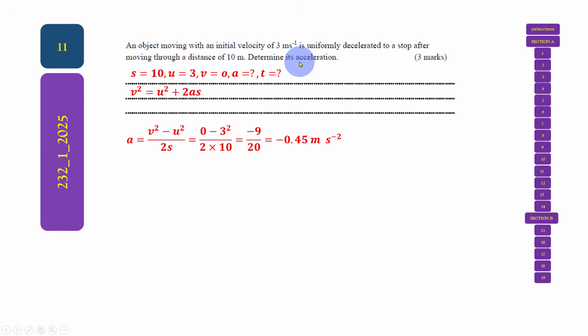Remember, we've been asked to find the acceleration, so there is no need of calling it deceleration. But if you had been asked to calculate deceleration, then you would say deceleration is equal to 0.45 meters per second squared. In that case, you will not include the negative. So this question was very easy. Let's navigate to question 12.